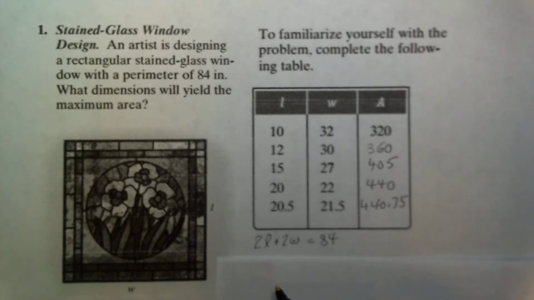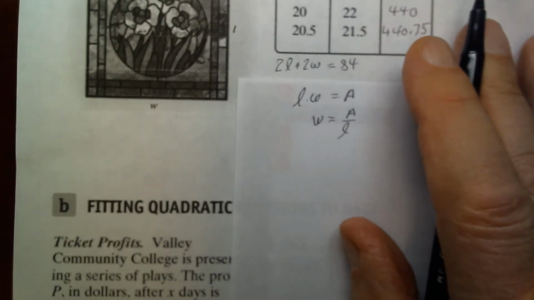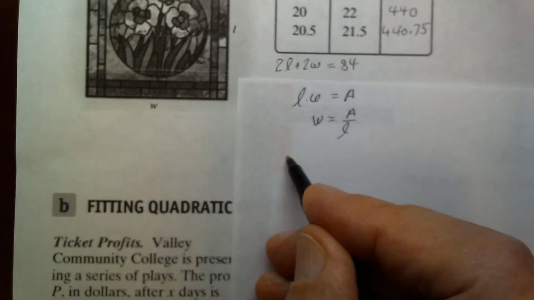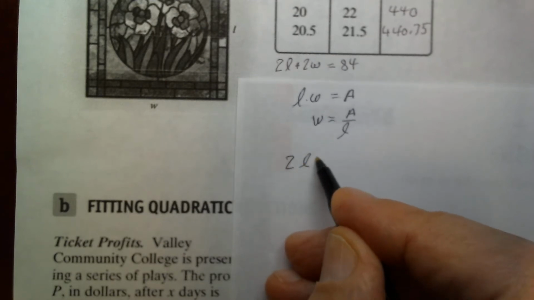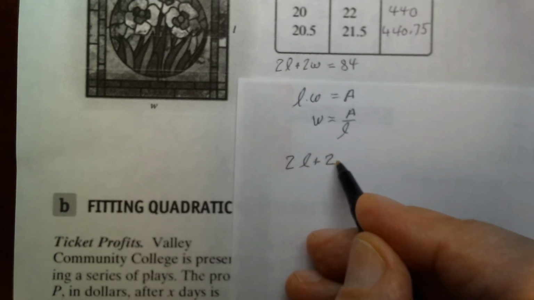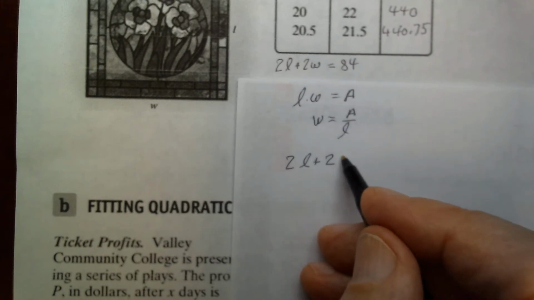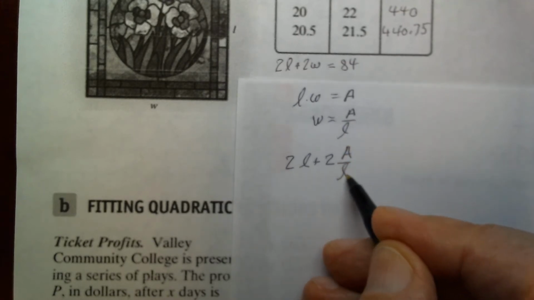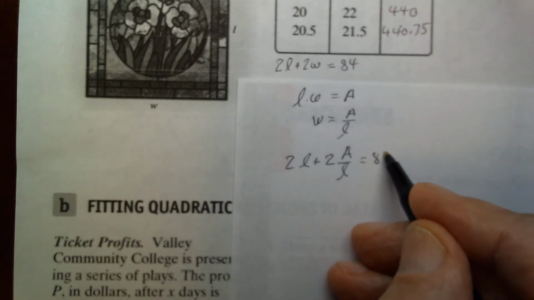Now the area is equal to length times the width, that's equal to A. Or in other words, solving this equation for W, W is equal to A divided by L. When you substitute this value for W into the original equation, we have 2L plus 2 times A divided by L equals 84.